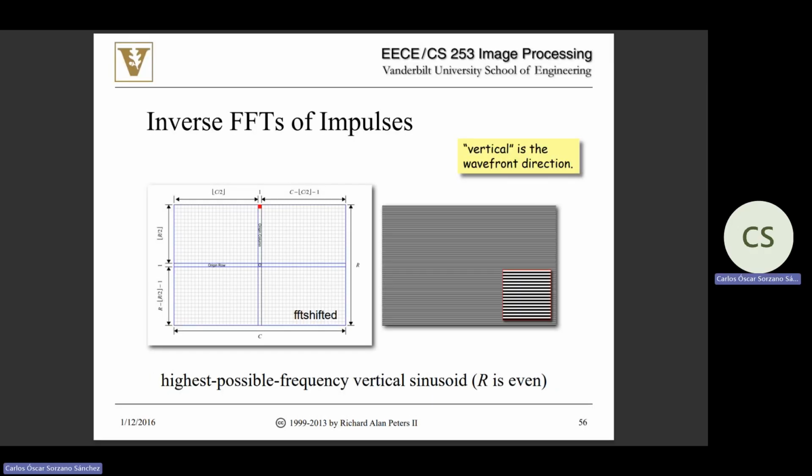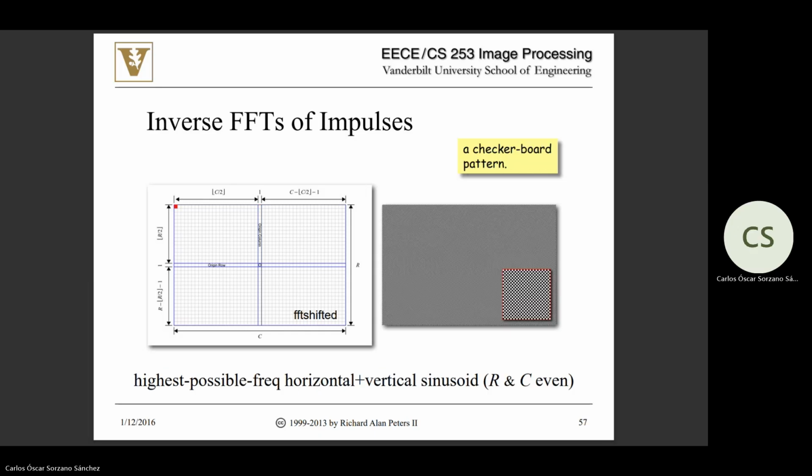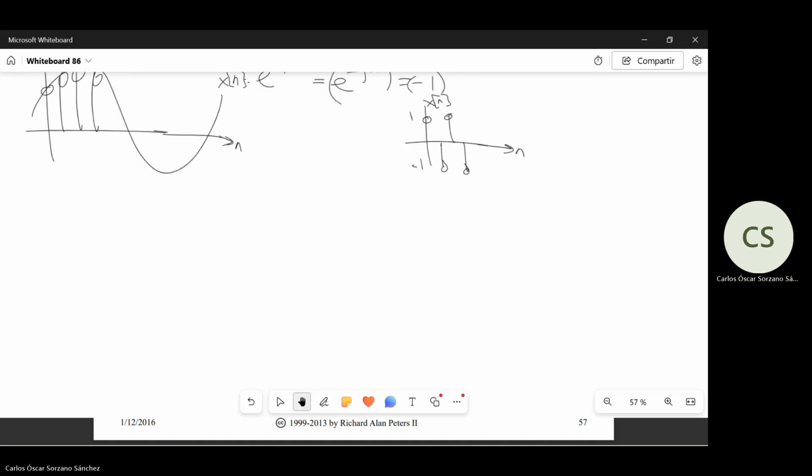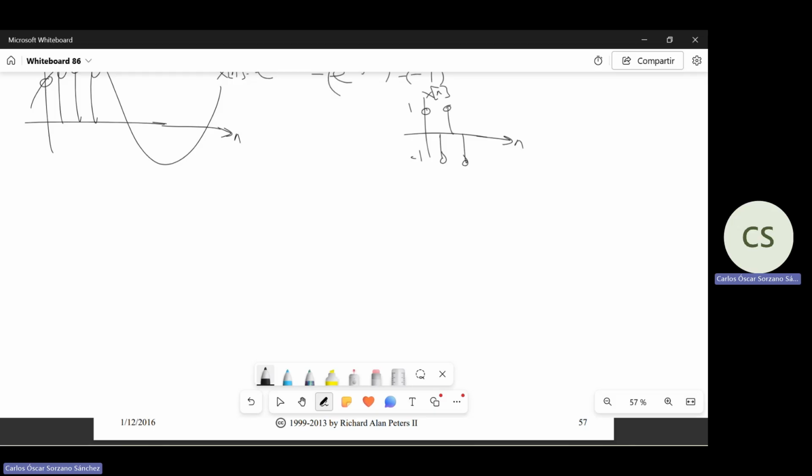What if I put a delta there, with everything else 0? Now I have the same effect, but in the other direction. What if I put that one, so it is minus 5? Now I will put it as an image.